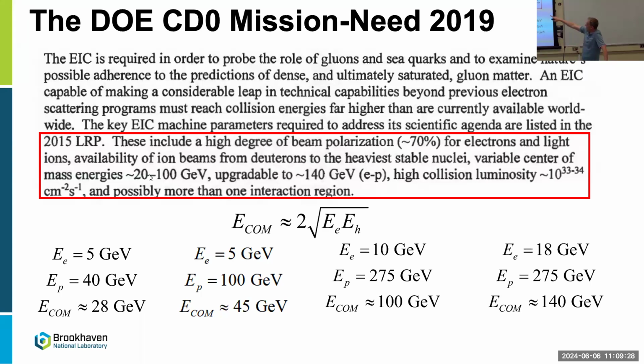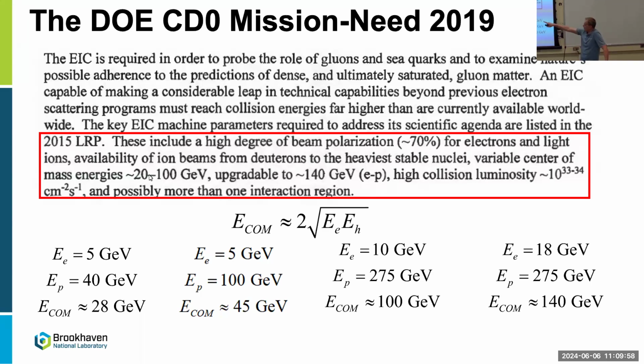They tell me, you need to provide 70% polarized beam for electrons and light ions. However you interpret it, maybe deuterium is a light ion, or helium, also a light ion. But perhaps that's where we stop. I don't know how far we're going to go with polarized, but certainly protons and polarized deuterium.